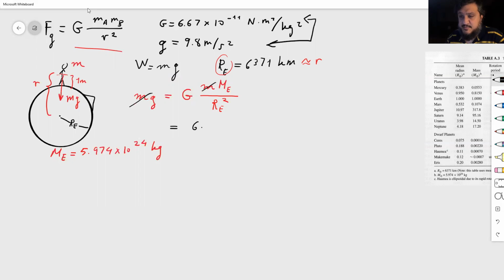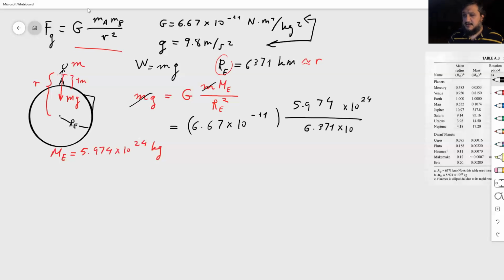So 6.67 times 10 to the negative 11 times ME, which is 5.974 times 10 to the 24th, and the denominator, 6.371 times 10 to the 3 kilometers, another 1,000 to convert it to meters, so 10 to the 6, and then you square that.